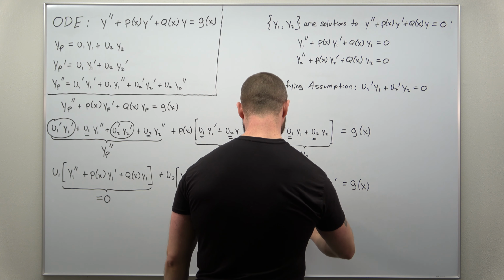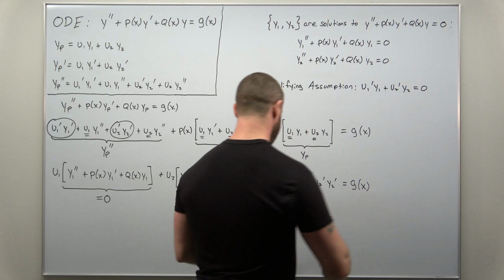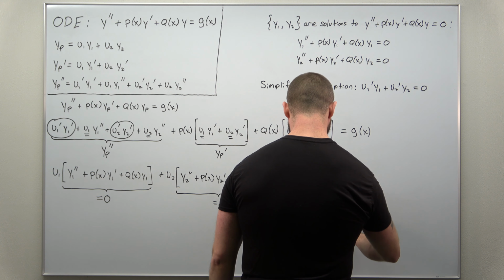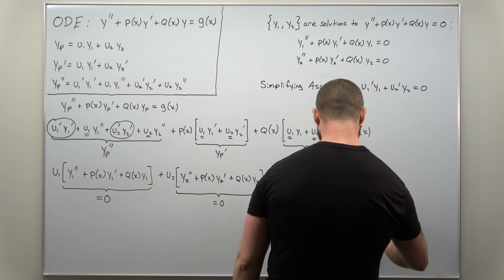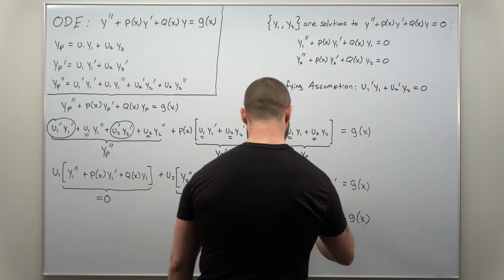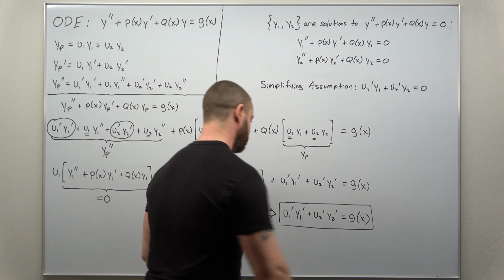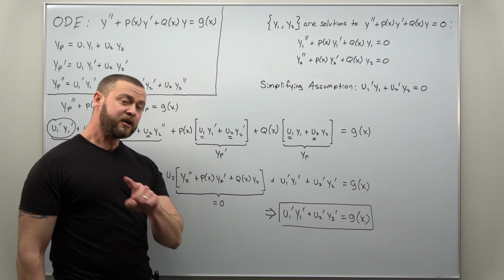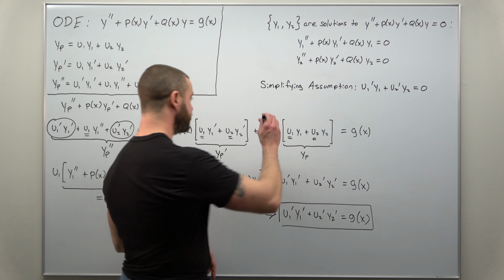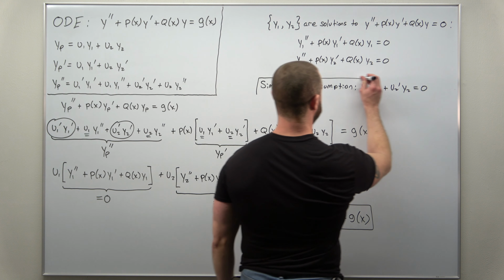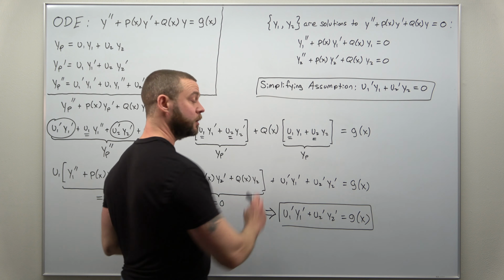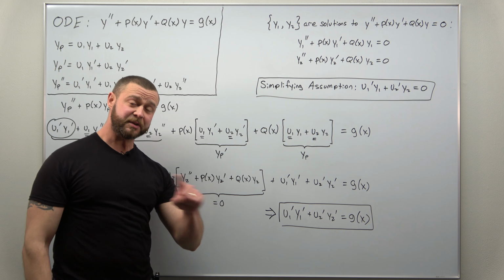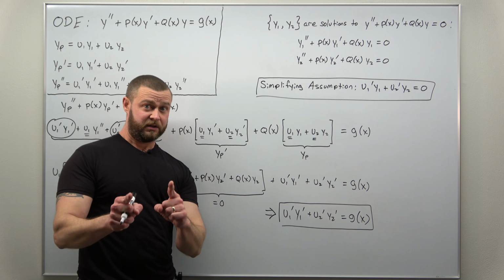What we get is that U1 prime times Y1 prime plus U2 prime times Y2 prime equals G of X. And that, in conjunction with our simplifying assumption, these are our two equations for our two unknowns. We know how to solve that, a system of two equations for two unknowns, so let's get to that.